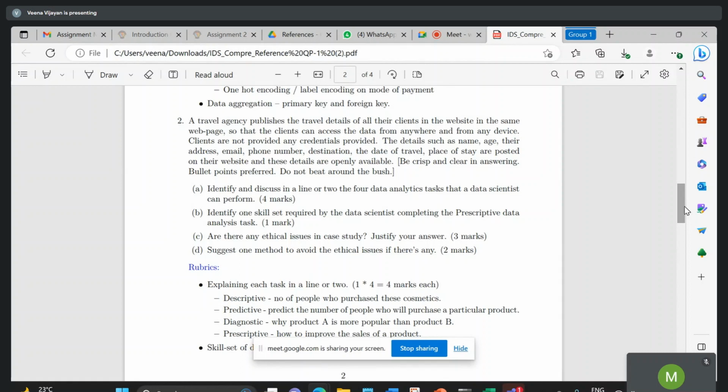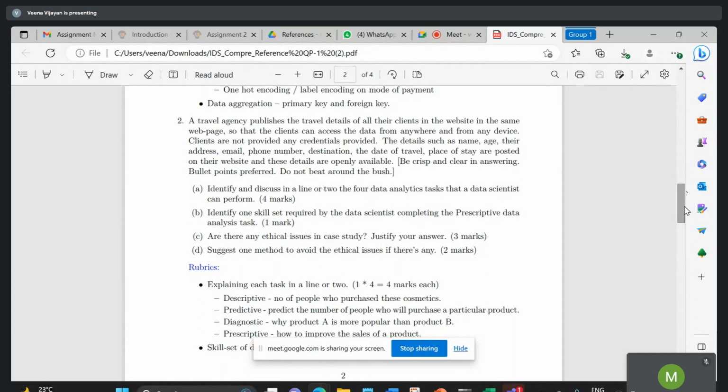But I think they're just asking about the skill required. They're expecting some skill set in the data scientist itself. A data scientist anyway knows analytics, everything, EDA, etc. That's understood. What one skill set are they expecting for being prescriptive? That's the question. I think domain understanding is the most key point.